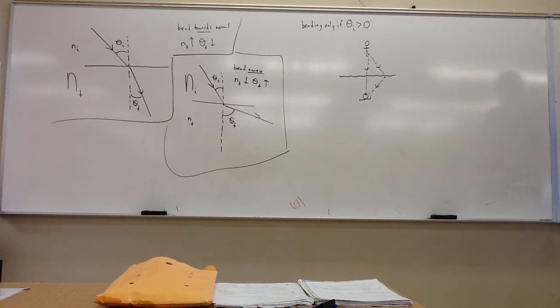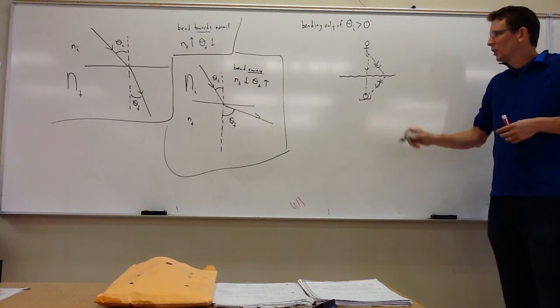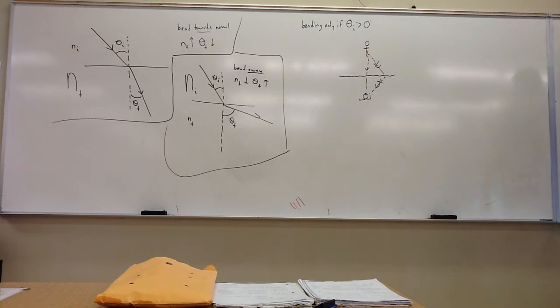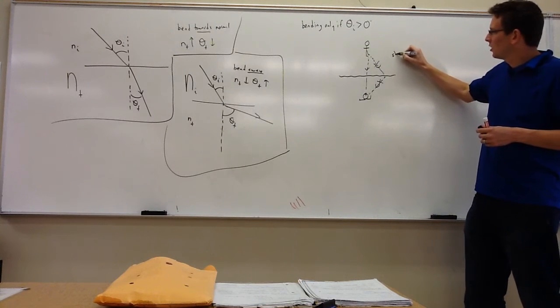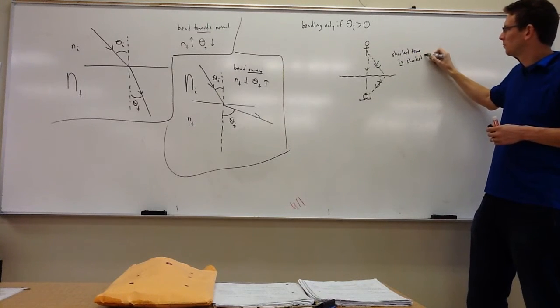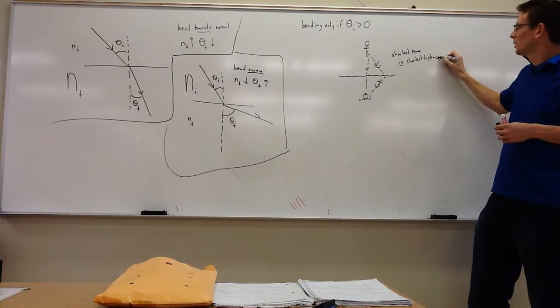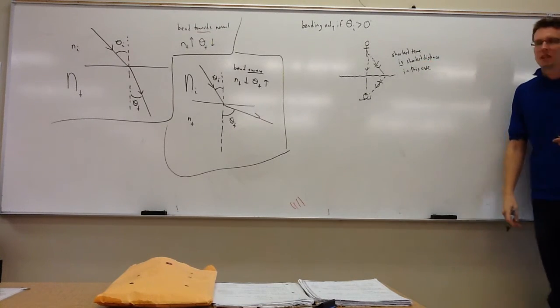You can't make one shorter with the other longer. If you're directly across from them, the only thing you can do is make both distances longer than they already are. So here, the shortest time happens to be the shortest distance already. So we're not going to see the bending.